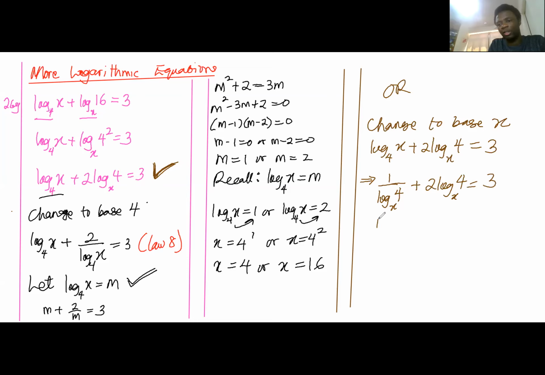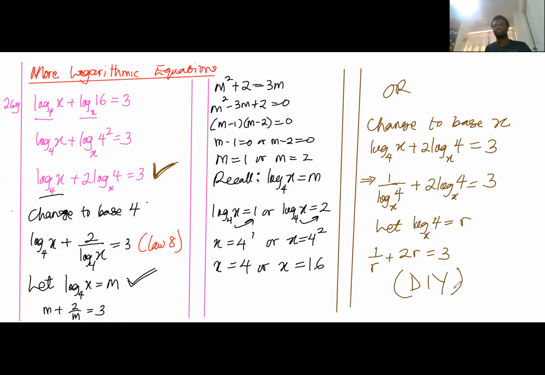Agreed? Then here you can say let log 4 to base x be some variable, maybe r. Then you have 1 over r plus 2r equals 3. And I need you to complete that, DIY. Okay, so you're going to get the same set of answers.